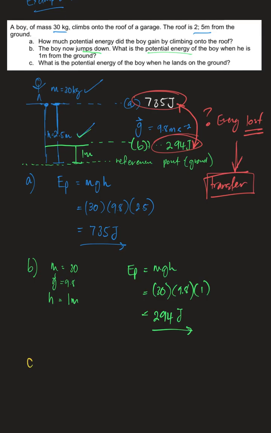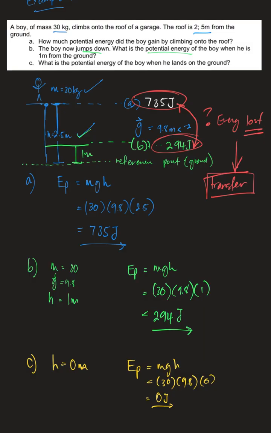All right, let's have a look at the next one, C. What is the potential energy of the boy when he lands on the ground? So now the height is equal to 0 meters. If I just say EP is equal to mgh, it's going to be 30 times 9.8 times 0. And anything times 0 is 0 joules.